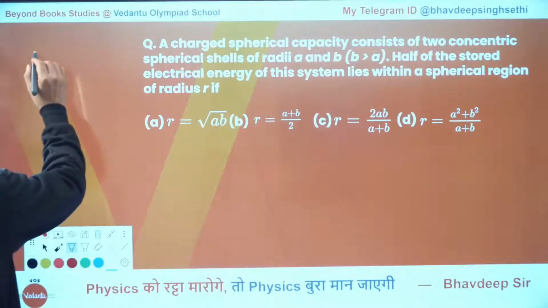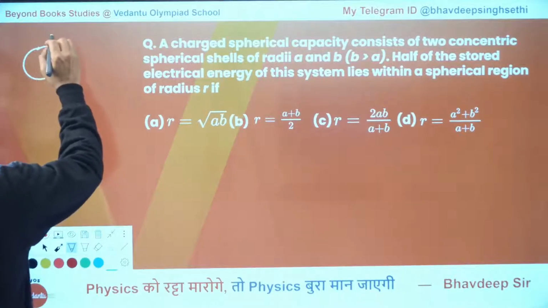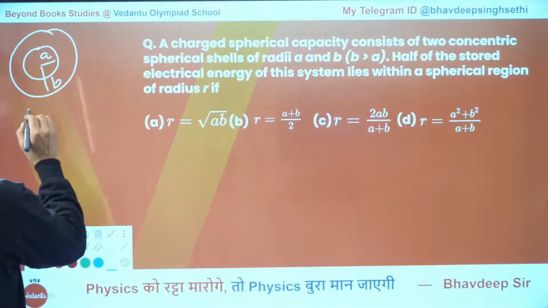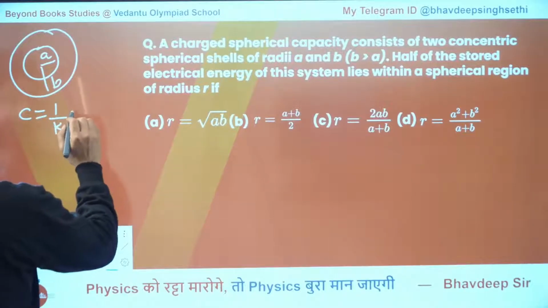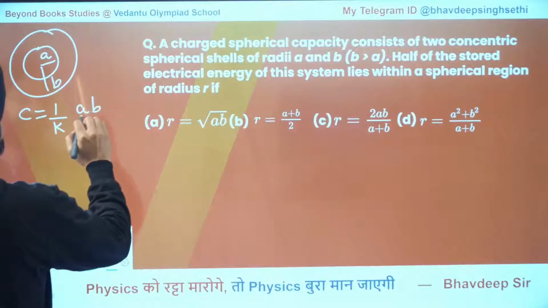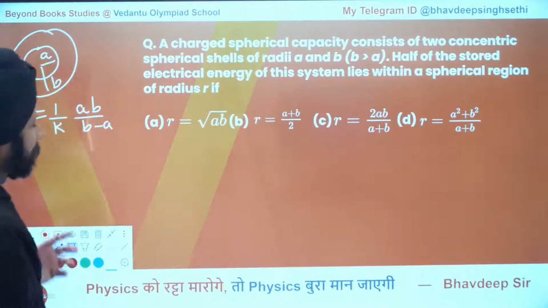First of all, this is A and this is B. So the capacitance of this is given by 1 by K, AB over B minus A, right? Bigger minus smaller one. So that's the capacitance here.